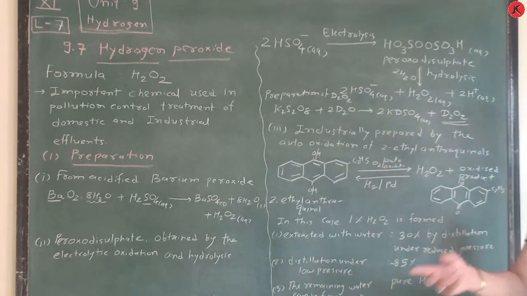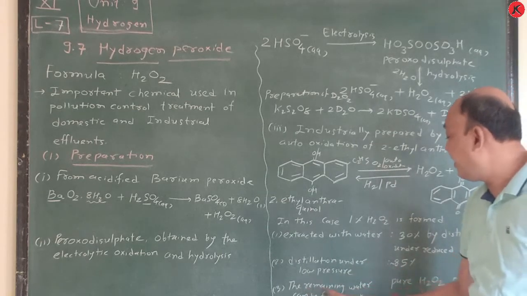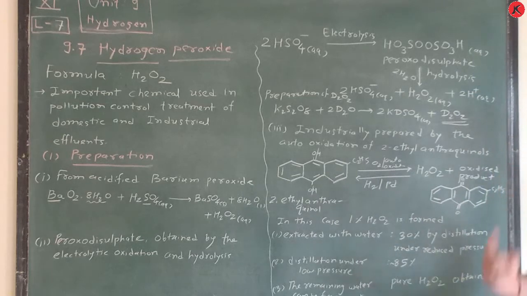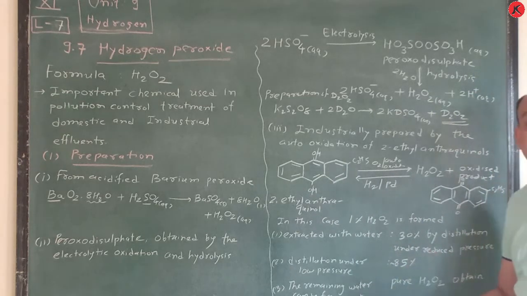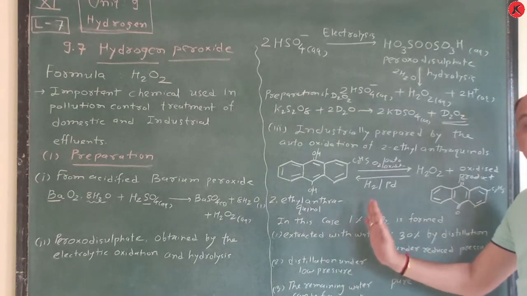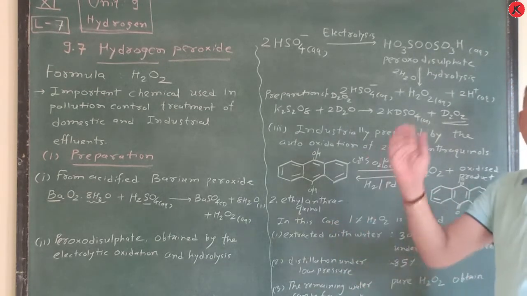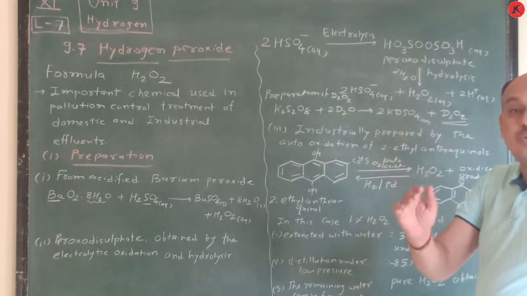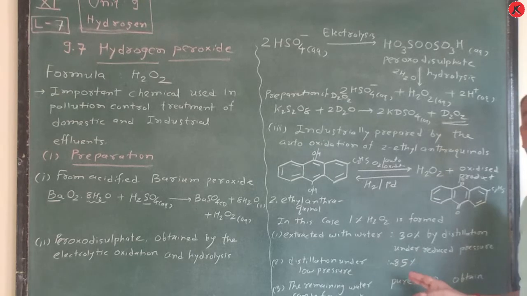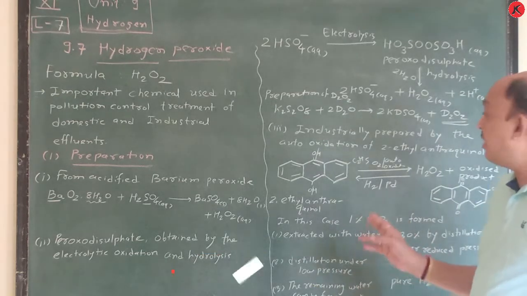Suppose from this 85%, the remaining water can be frozen out. At that time pure H2O2 is obtained. So this is the industrial process, and how H2O2 is converted in terms of percentage, that calculation you will do later in physical properties.